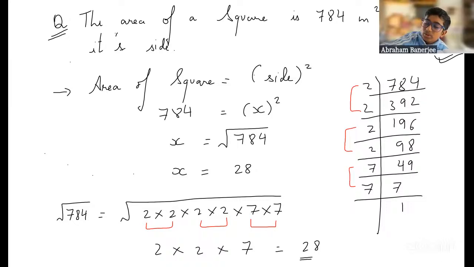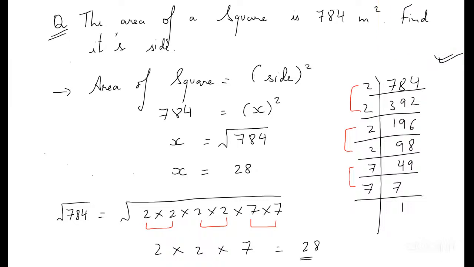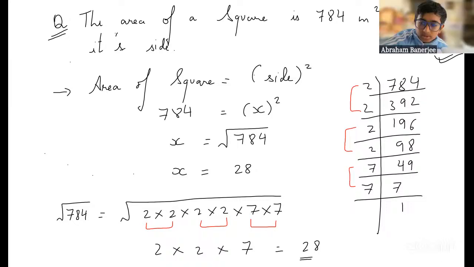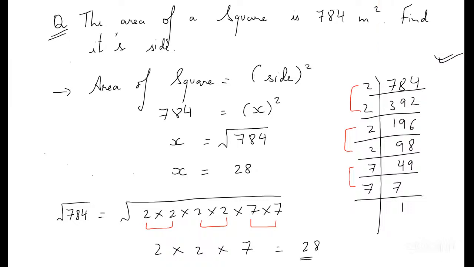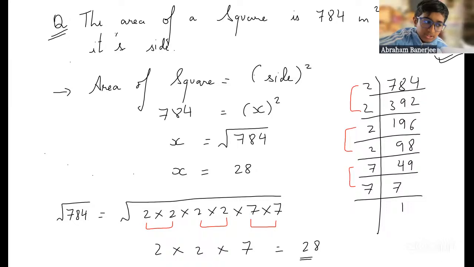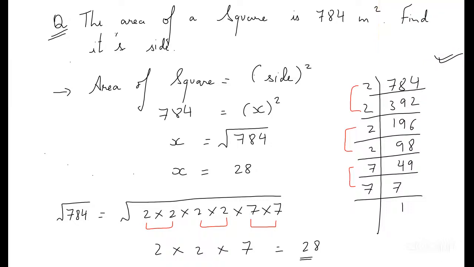But ma'am, what if we have 147? That's not a square number. Yes, that's not. But you will not have such numbers for the area. As far as I have noticed, they give you such numbers which do have the roots. And ma'am, if it ever happens in an exam or when we are studying outside of the class, do we just mark the question as cannot answer because it has no square root?